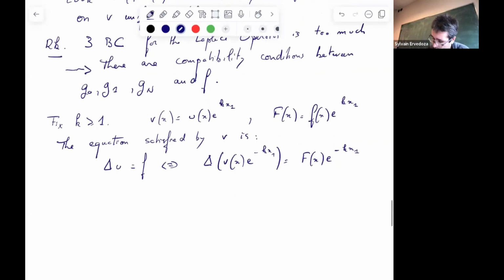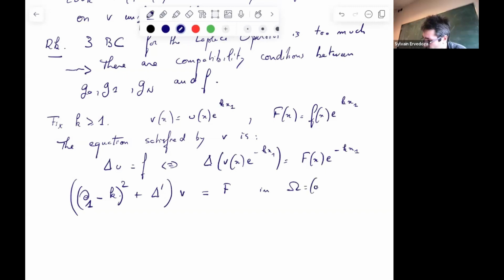Then you develop the computations, and at the end of the day, you will have that (d1 minus k) squared plus Laplacian prime of v equals f in omega.